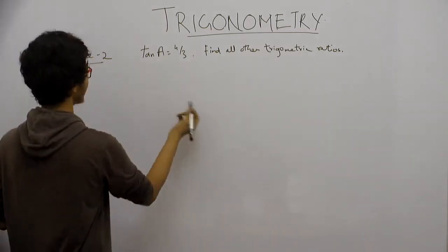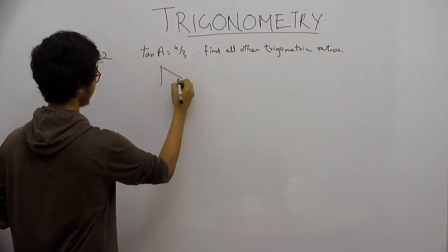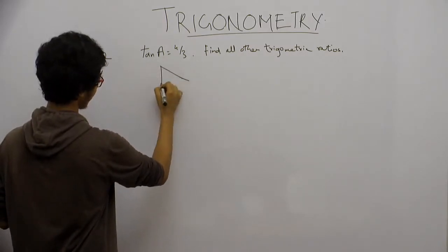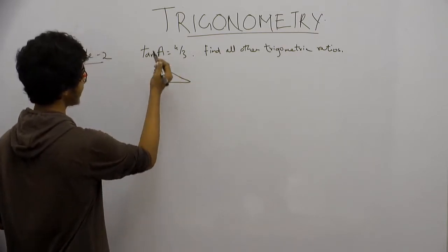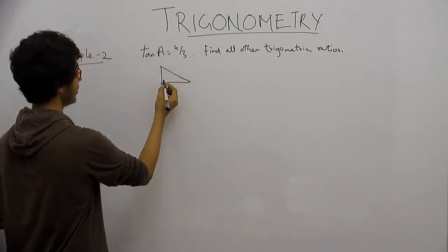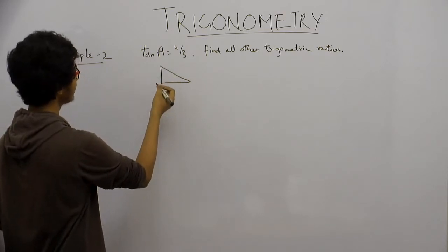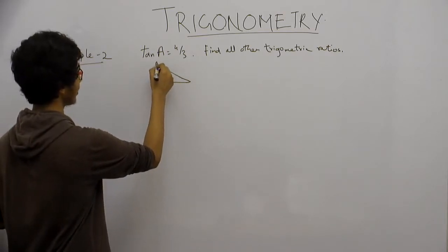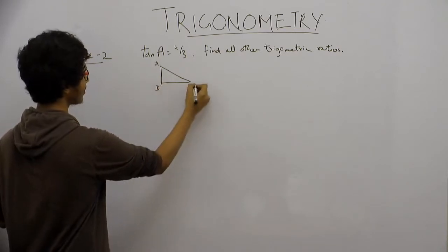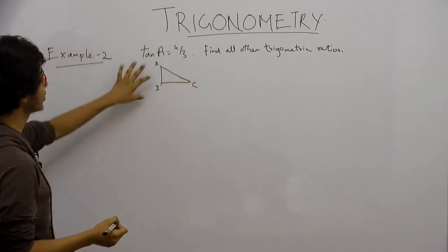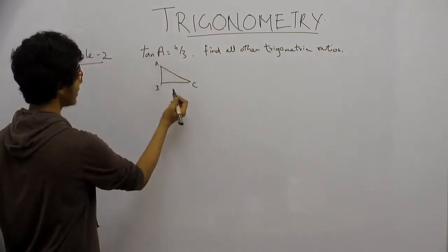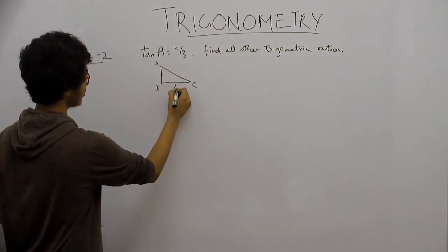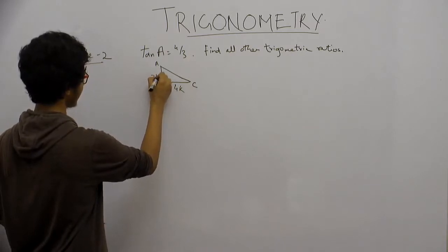Suppose again, let's take ABC. Since tan A equals 4 by 3, A cannot be 90 degrees. So let's suppose A is here. I will come to the fact later of why A cannot be 90 degrees. Okay. We are given tan A is 4 by 3, meaning suppose this is 4k and this is 3k.